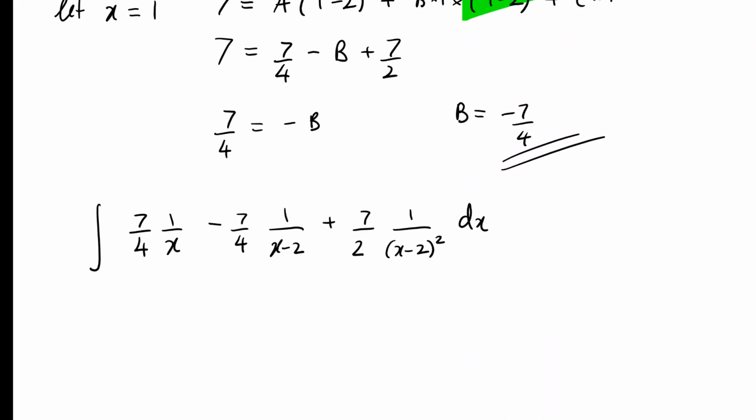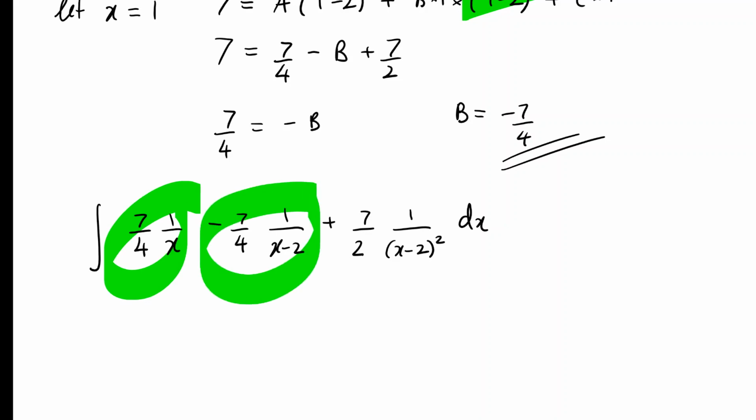Okay, the first two parts of this are fairly simple to integrate. They just follow the ln pattern, so they become 7/4 ln x minus 7/4 ln x minus 2.